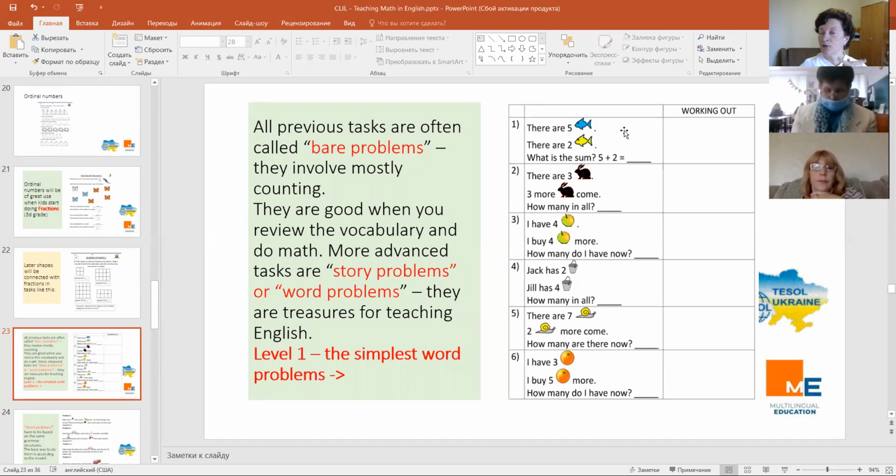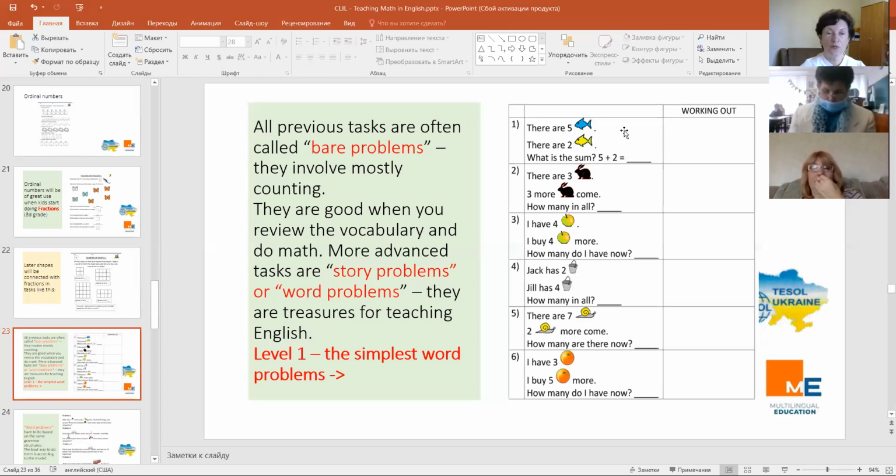Yeah? And we created such problems for every topic, and they are the next stage after counting. You count, you do the sums, you do math, you subtract or you add, and you do bare problems.